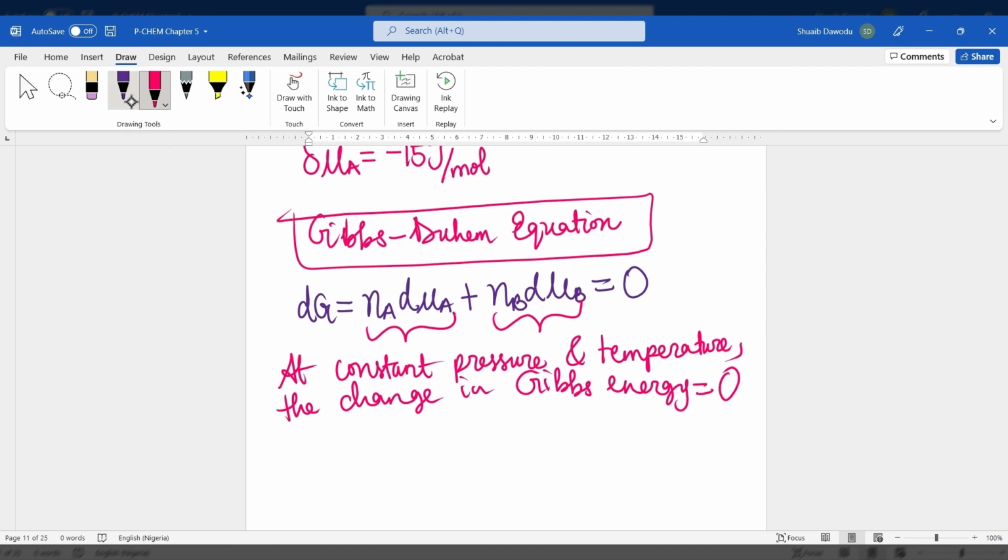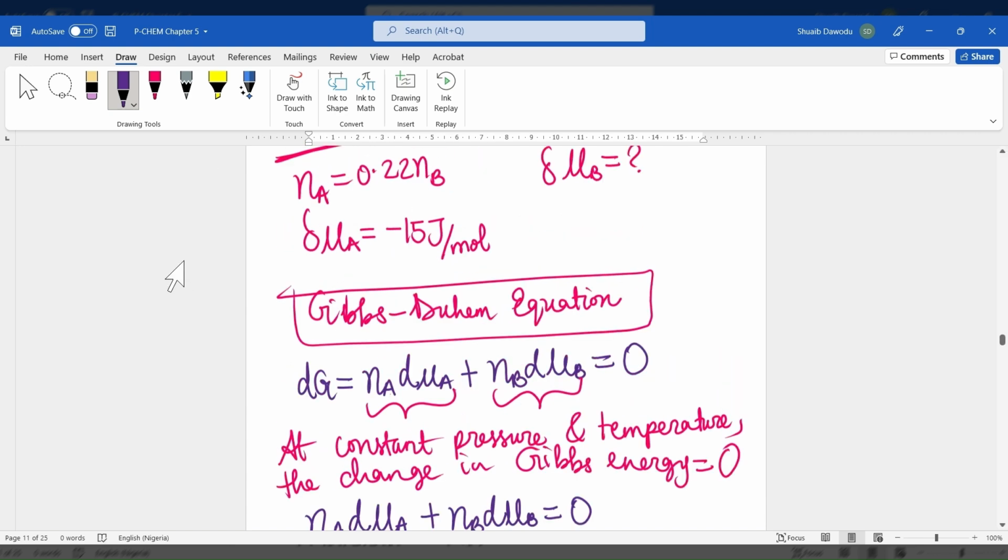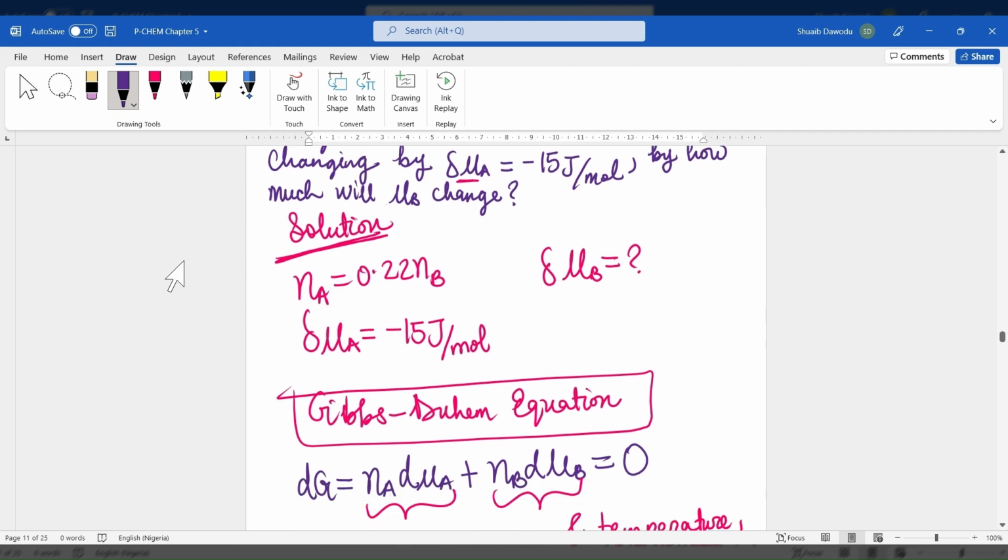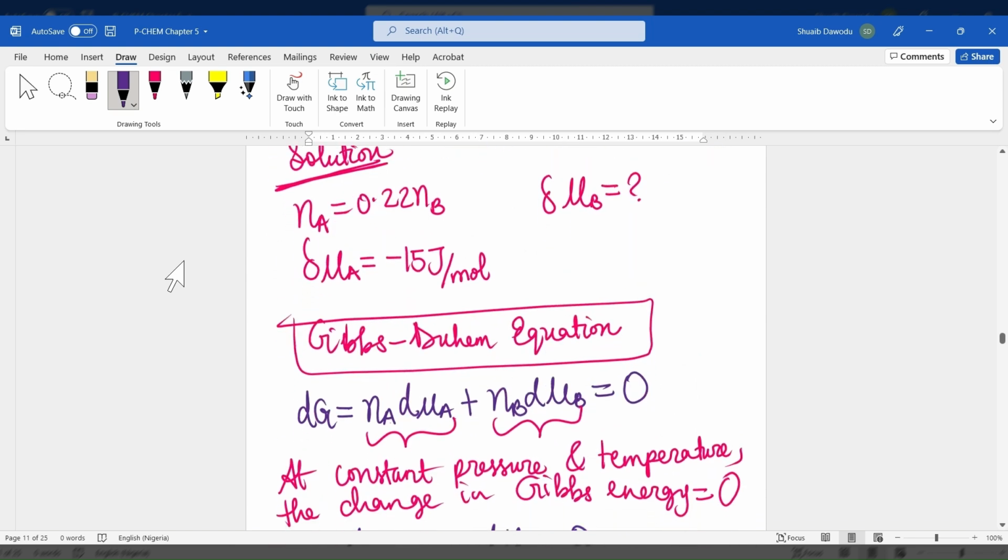So the formula to solve this question is the number of moles of A multiplied by the change in chemical potential of A, plus the number of moles of B multiplied by the change in chemical potential of B, all equal to 0. Since we know what we're doing, we simply substitute.